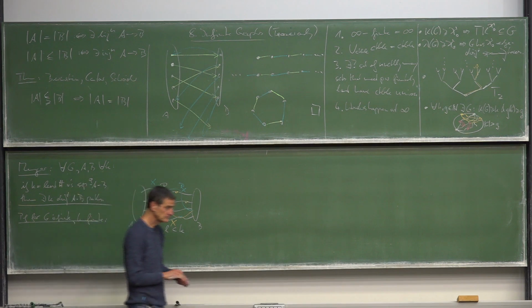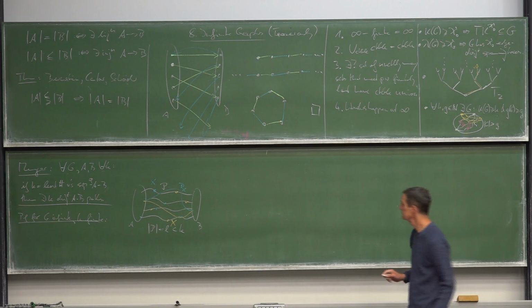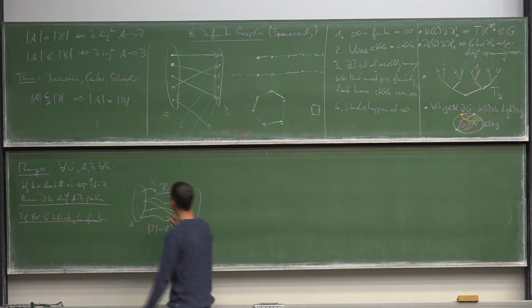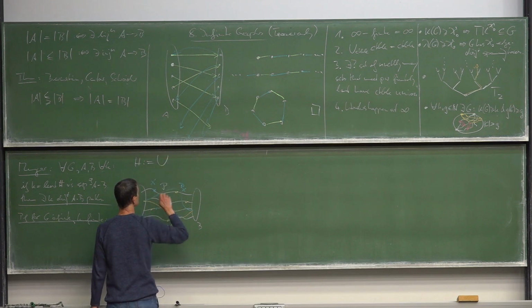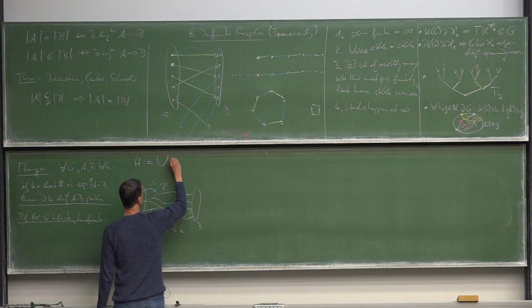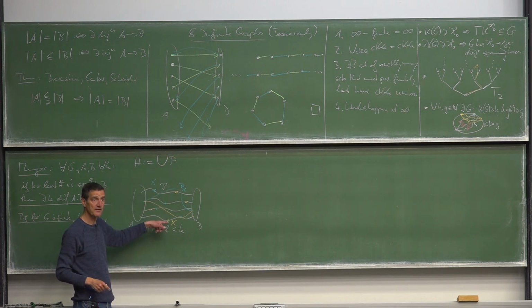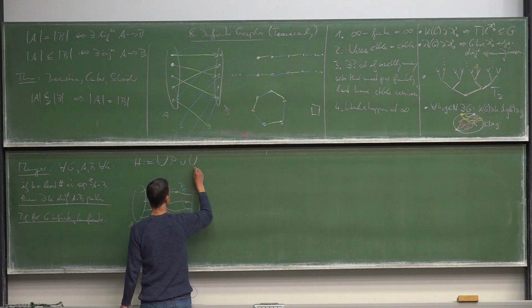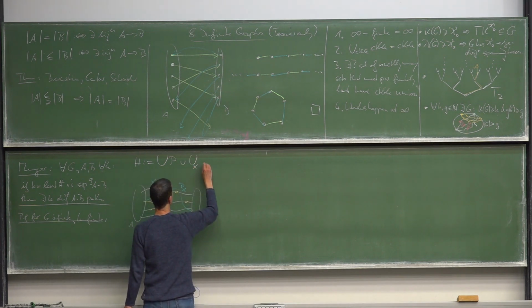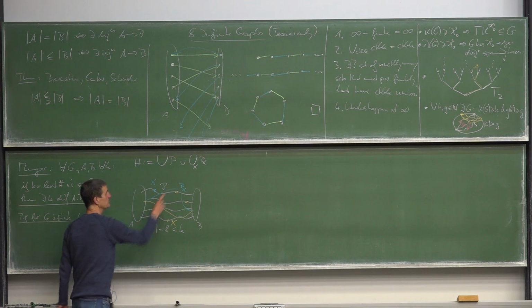And then consider the graph H that consists of all the paths in curly P, union the appropriate PXs.